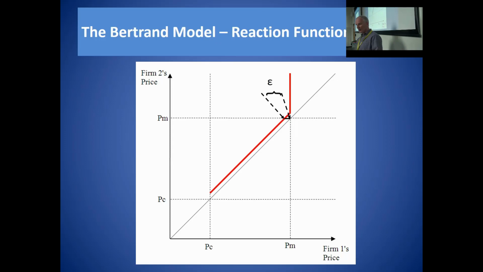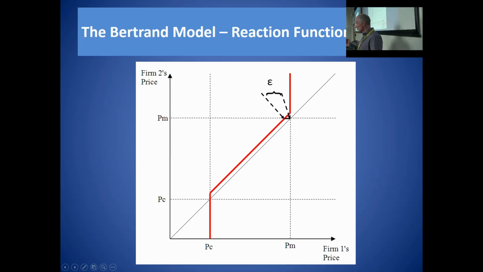But carry that on. What would happen if firm 2 charged a price even lower than PC? Would firm 1 wish to match this? It wouldn't. Look, the absolute lowest price I can charge is PC. So it doesn't matter whether firm 2 charges a price of PC or indeed anywhere below PC.